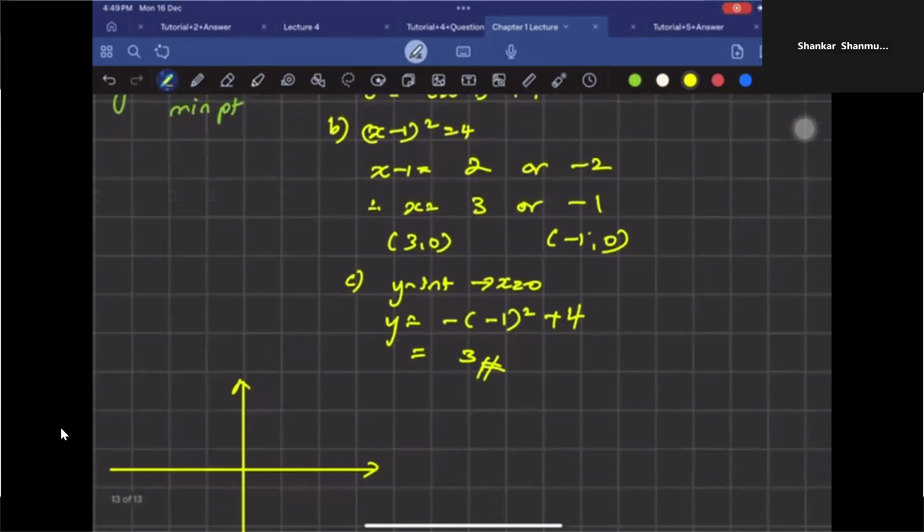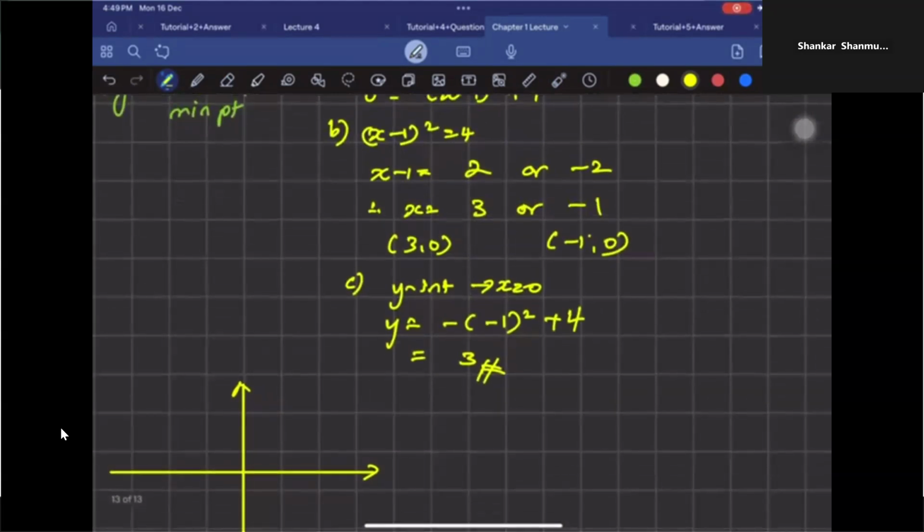Your y-intercept happens when it is 3. So it should look something like this. This is equals to minus 1. This is equals to 3. This is also equals to 3. And then we have a line of symmetry.